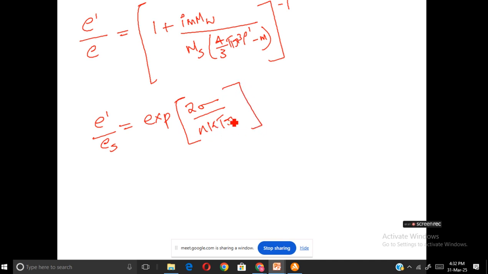Or in the first case we got 2 sigma by r rho L into RT.